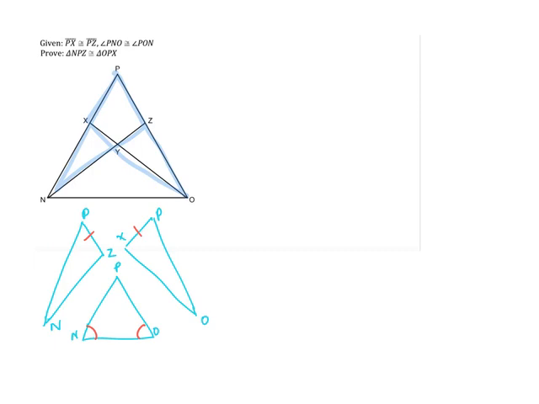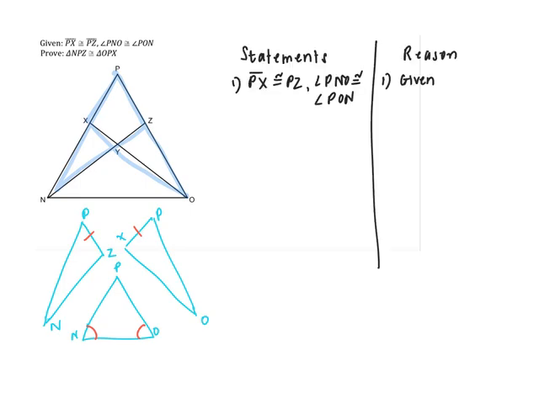So we can start by already writing down our two-column proof with the given. And then we can already say that so far, based on the two triangles that we drew over here, we have one pair of sides that are congruent.